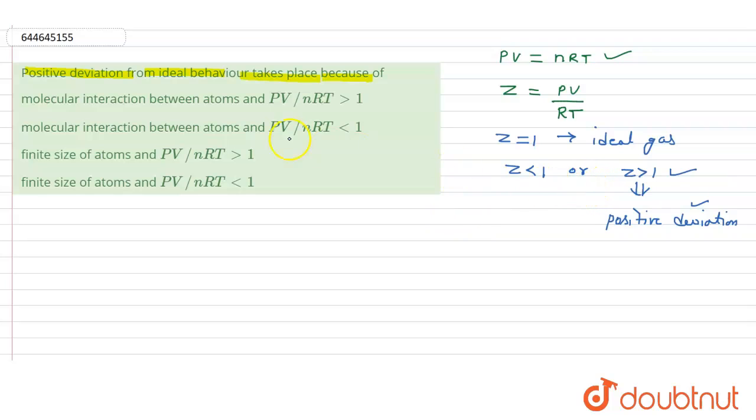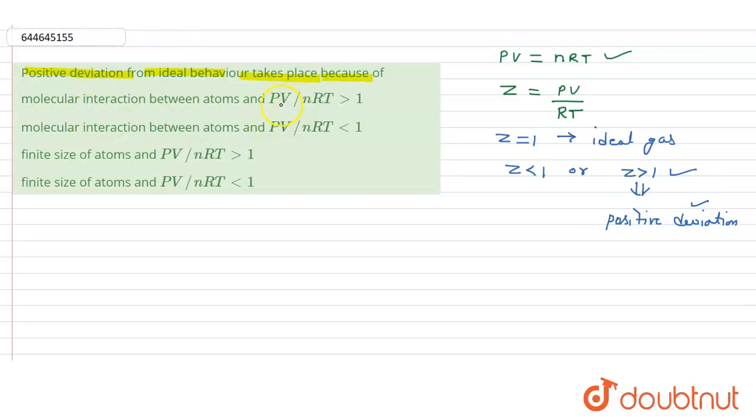In this way I can say the molecular interaction takes place because it is a real gas. Z less than 1 and Z greater than 1 are the two cases which apply to a real gas, and we know that a real gas has considerable interaction. So we have a molecular interaction in both the cases, right?